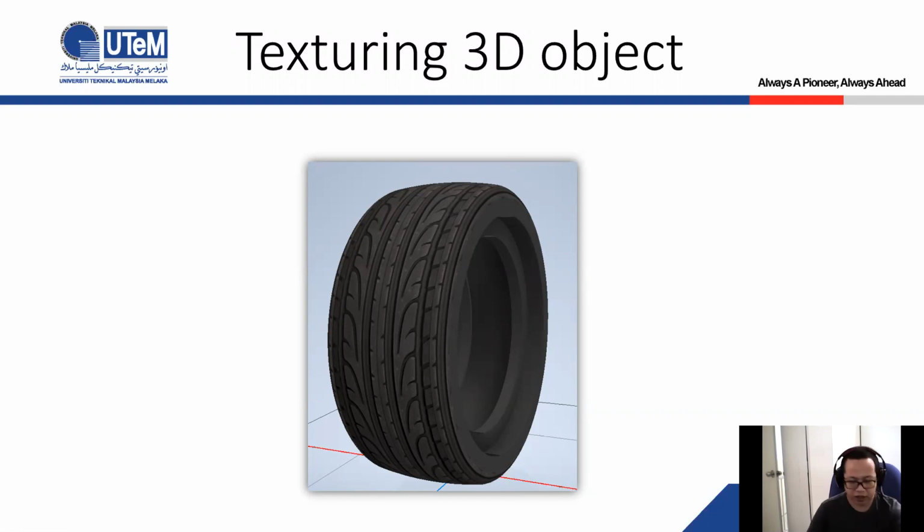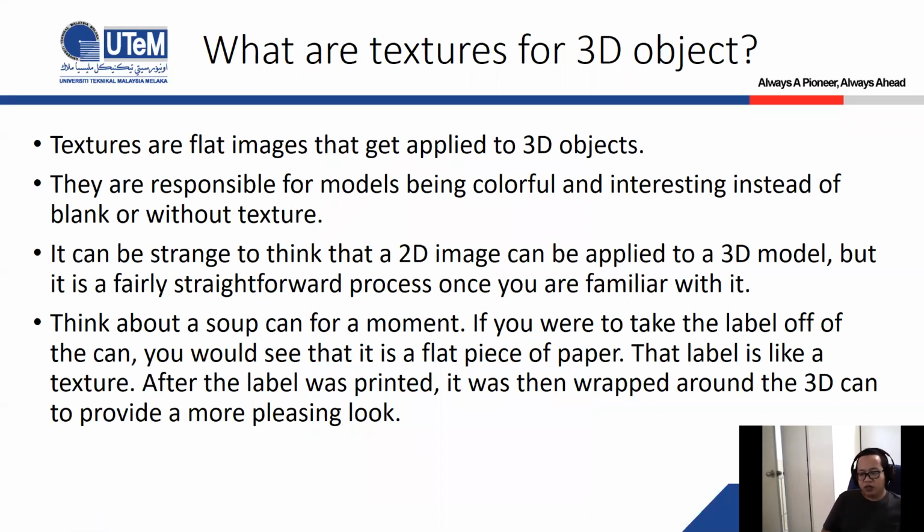This is about tire design, and this object can have a different kind of material and texture, depending on the type of the tire. If you want to use it in the rain season, we can use a different type of texture for this tire. So, what are textures for 3D objects actually?